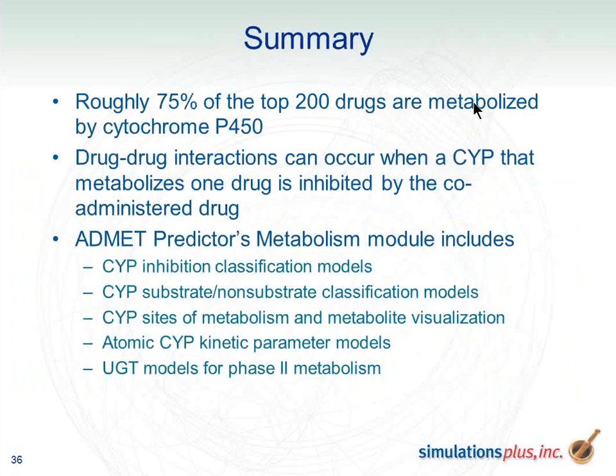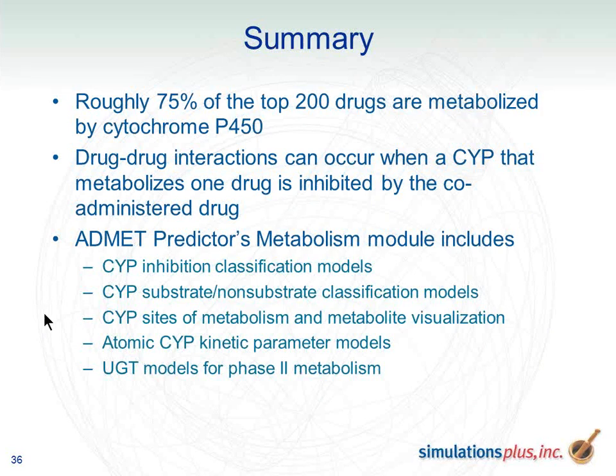And then finally, I just want to summarize. Roughly 75% of the top 200 drugs are metabolized by P450. Drug-drug interactions can occur when a CYP that metabolized one drug is inhibited by a co-administered drug.